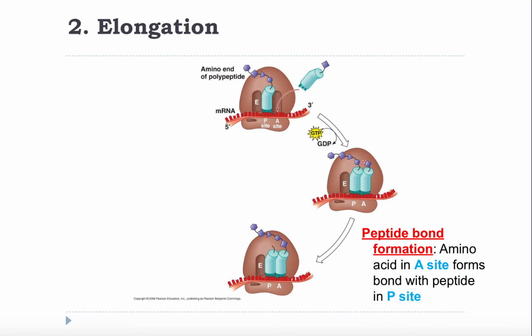At that point, the protein at the P site, the already built sequence so far, is going to shift its entire amino acid sequence and form a peptide bond onto the new tRNA. And then that whole tRNA at the A site is going to slide down to the P site.